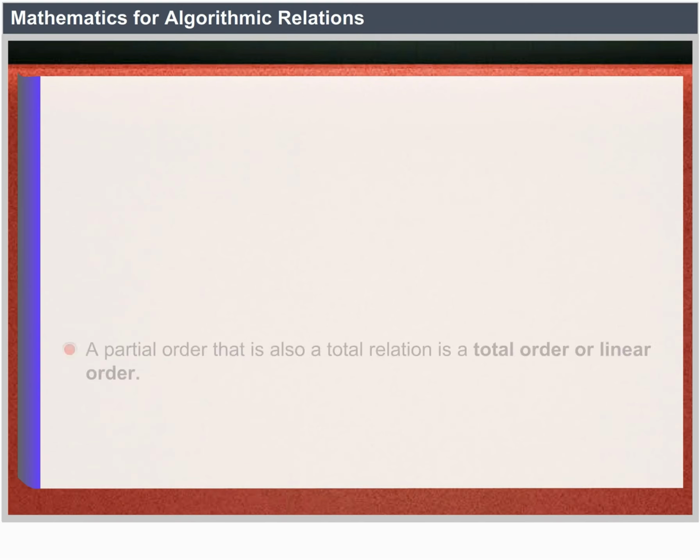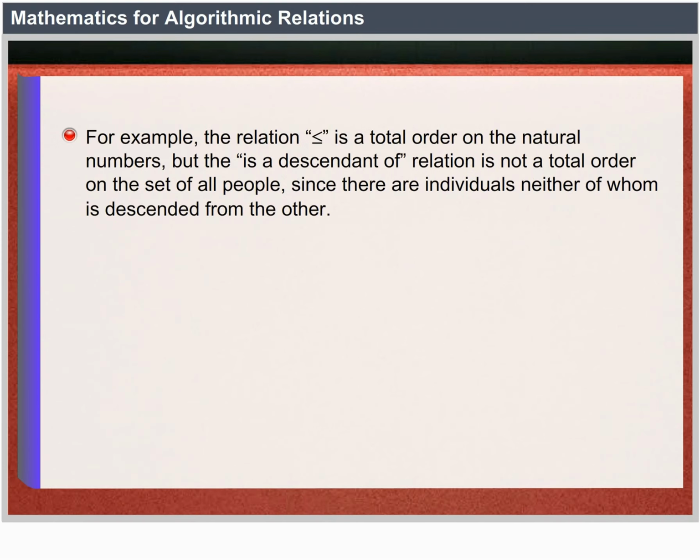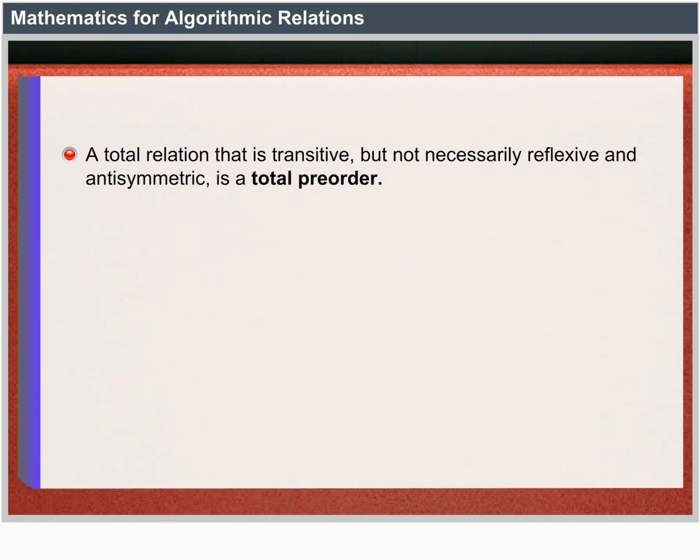For example, the relation less than or equal to is a total order on the natural numbers, but the "is a descendant of" relation is not a total order on the set of all people, since there are individuals neither of whom is descended from the other. A total relation that is transitive but not necessarily reflexive and antisymmetric is a total preorder.